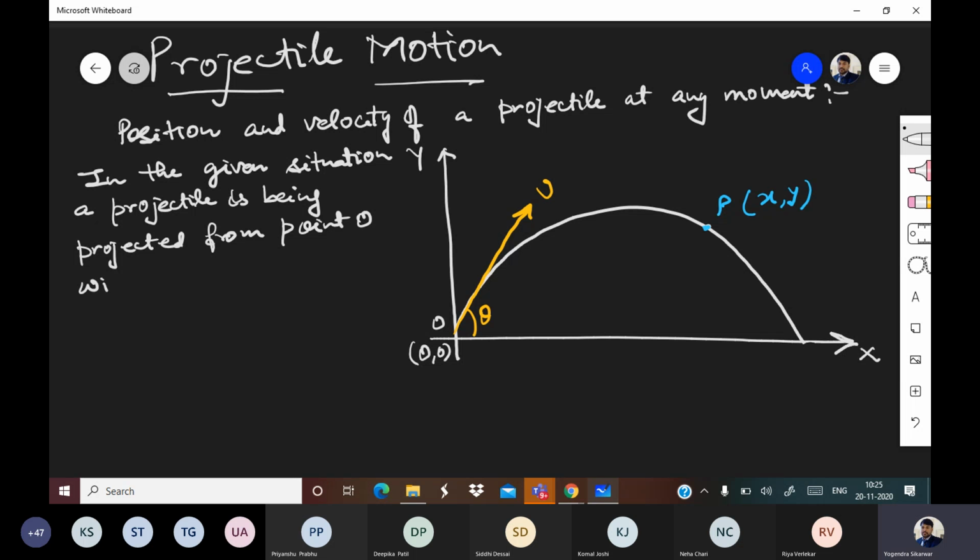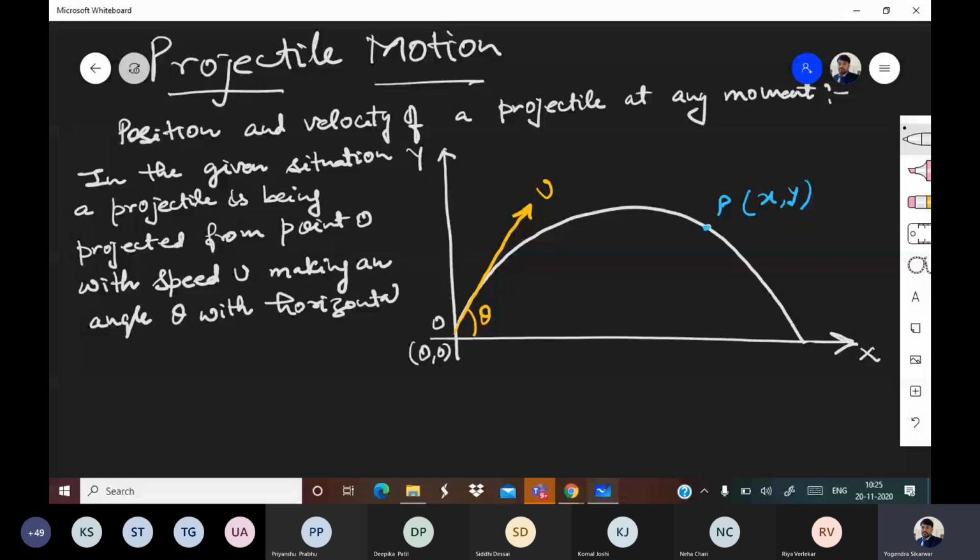With speed u, making an angle theta with horizontal.